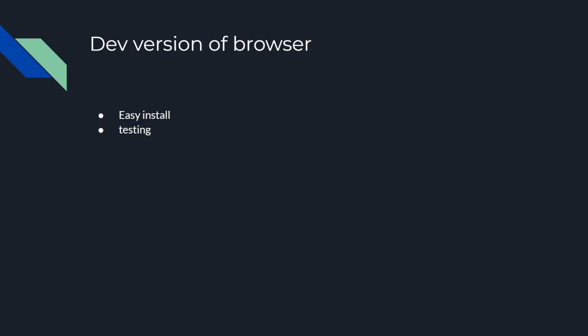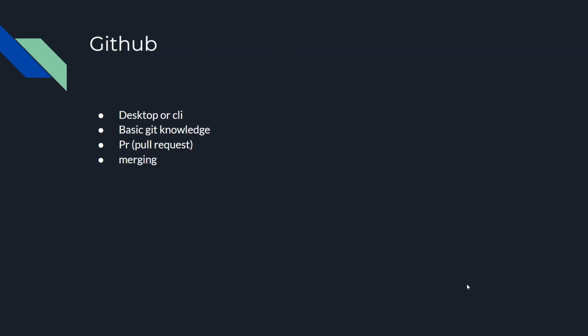So that's the easy install, and it's to make a clear difference between what browser you use for testing and what browser you use to just browse the internet. I have both Firefox development and Chrome development, but I mainly use Firefox myself.